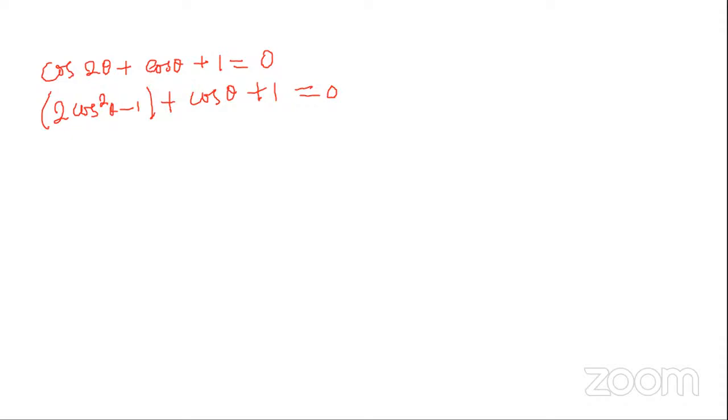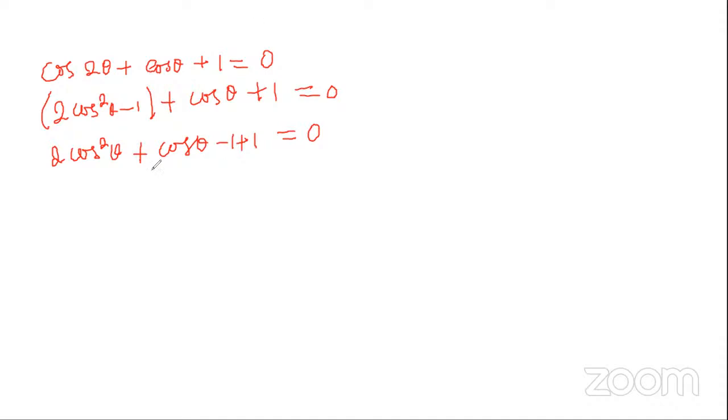Collect like terms. So 2 cos squared theta plus cos theta minus 1 plus 1 is equal to 0. What next?